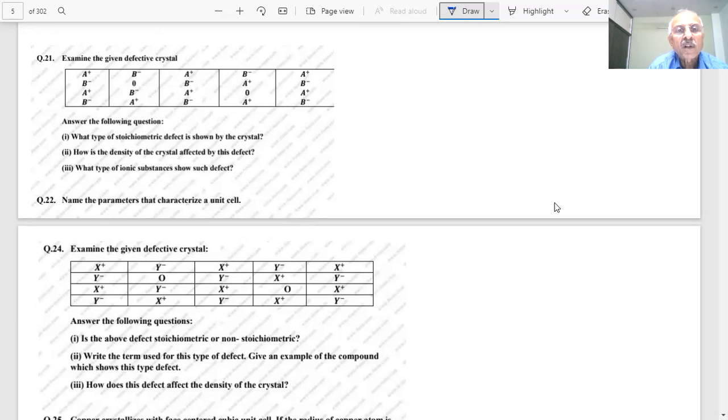A plus is missing here, and B minus is missing. Equal numbers of cations and anions missing. What defect is that? A Schottky defect.